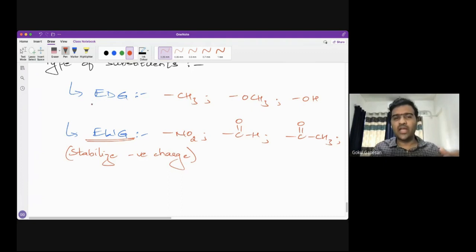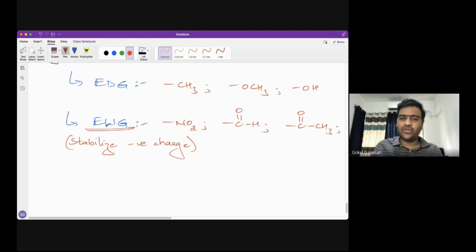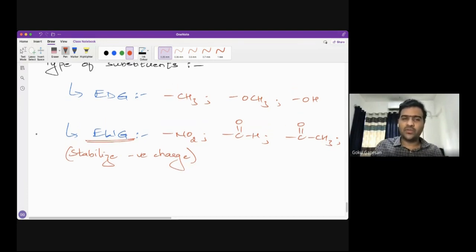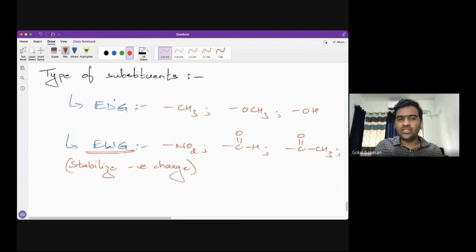Okay. And if electron withdrawing groups stabilize the conjugate base and increase the acidity, electron donating groups would have the exact opposite effect, where they would tend to destabilize the conjugate base. They would enrich the electrons on the oxygen atom, which is already bearing the negative charge, and therefore result in lower acidity constants. Right? So the pKa values for electron withdrawing group substituted phenols will be lower than the pKa for those phenols which are substituted by electron donating groups.